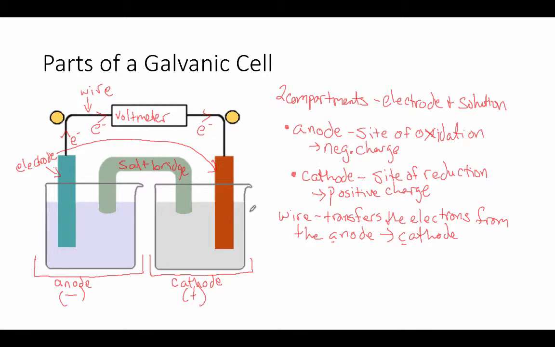And the last thing that we need to talk about is the salt bridge and what it does. So the salt bridge contains a salt, which, as you know, is an ionic compound. And so it contains ions. It allows for ions to move into the compartments.